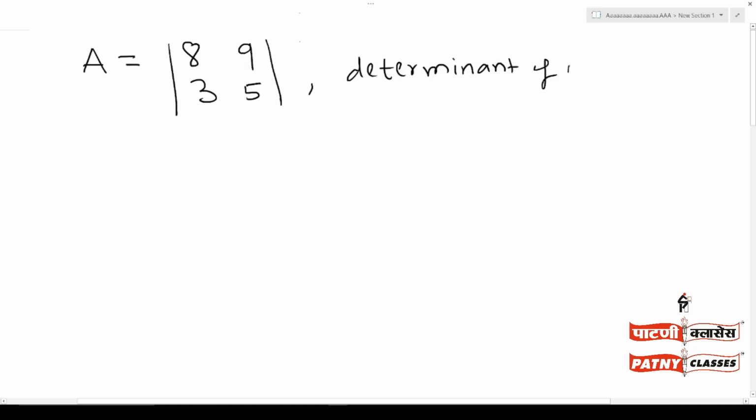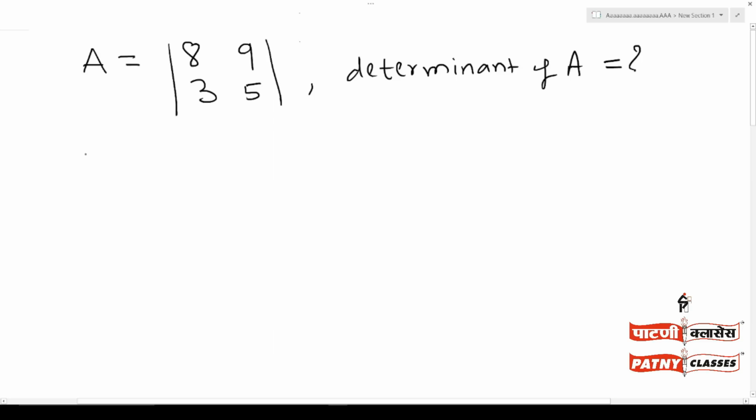Suppose A equals to 8, 9, 3, 5. Now we need to find out determinant of A. How to find determinant of A?